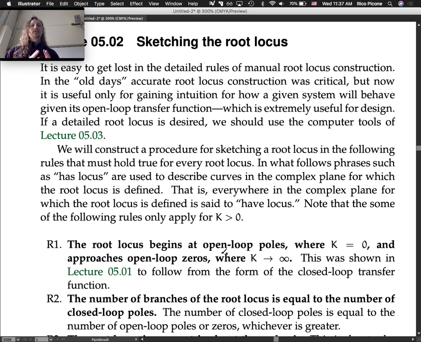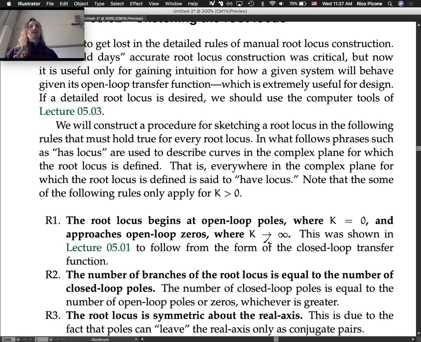In what follows, phrases such as "has locus" are used to describe curves in the complex plane for which the root locus is defined, where there's a solution for those closed loop poles for some value of the gain. That is, everywhere in the complex plane for which the root locus is defined is said to have locus.